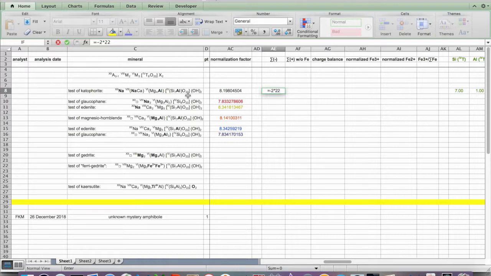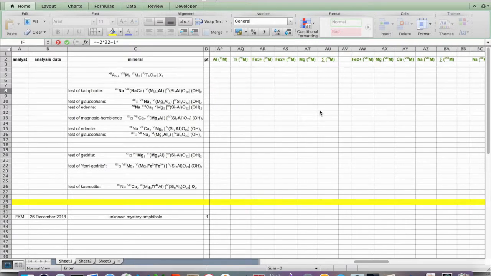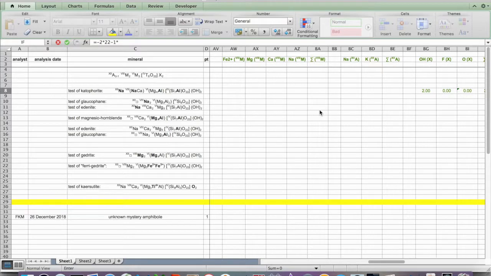But now we have to take care of the charge in the OH site, and so we are going to go -1, which represents the -1 charge, and we want to tabulate the total amount of -1 anions that are in that site. So I am going to do times, and we are going to head over here to the OH site.